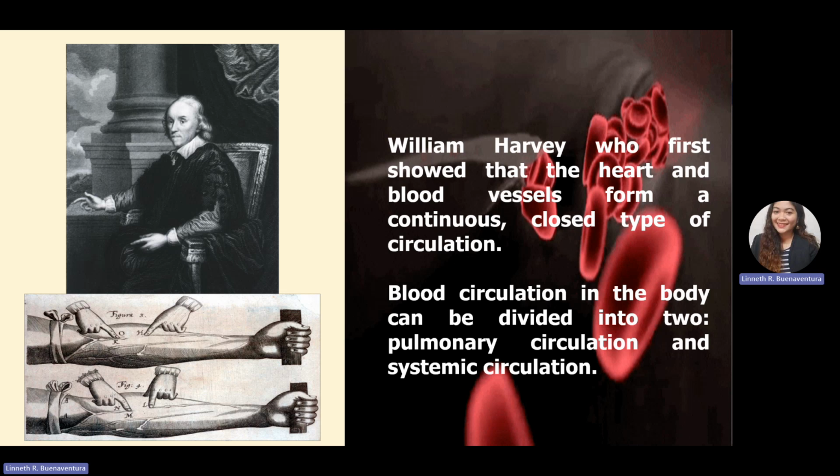Pulmonary circulation is termed when the blood flows toward the lungs, while systemic is the process wherein the oxygenated blood is transported to the different body parts and collects all the deoxygenated blood towards the heart.